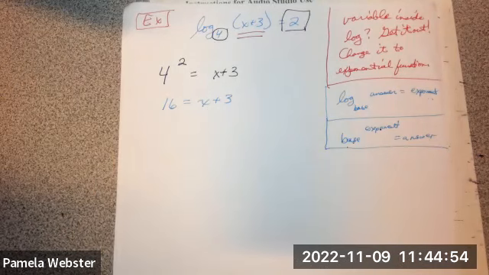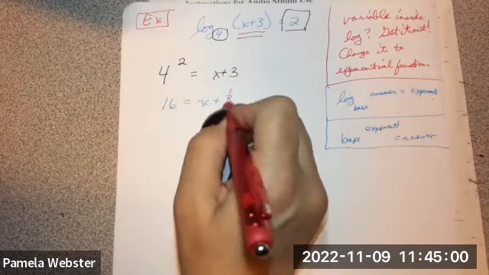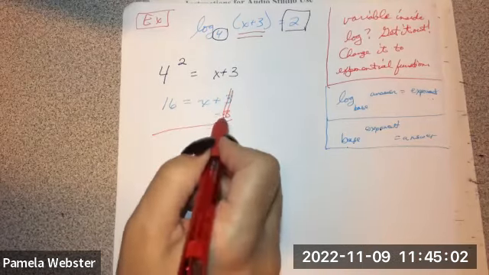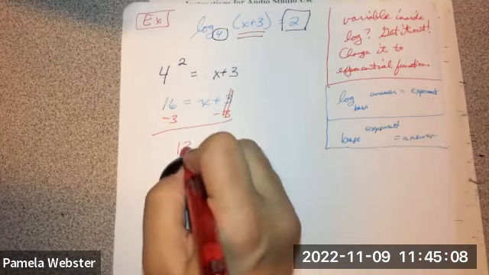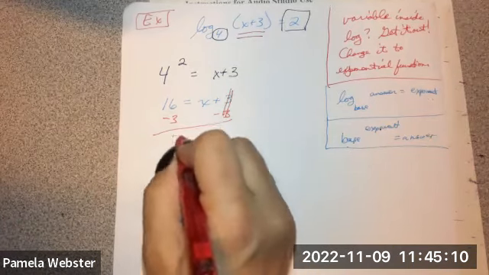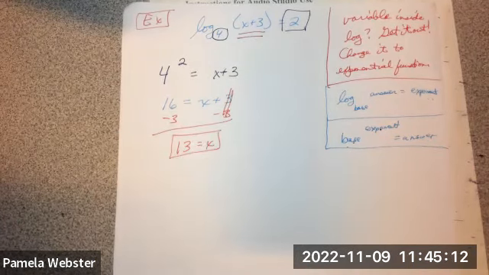It's plus 3, so we need to minus 3. Everybody agree? Get rid of the 3 over there. What I do to the right side, I have to do to the left. So 16 minus 3 is 13. x equals 13.